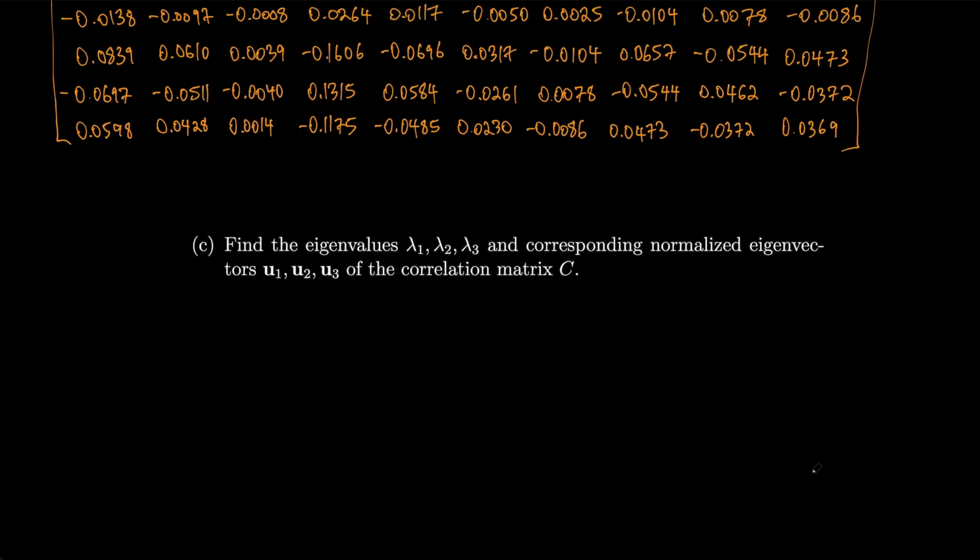Let's now find the eigenvalues lambda 1, lambda 2, lambda 3, and corresponding normalized eigenvectors of this correlation matrix. Again, I just used a calculator for this. It'd be way too difficult to do by hand. First eigenvalue is 0.7949, and corresponding eigenvector is 1.3069, negative 1.2998, 1.